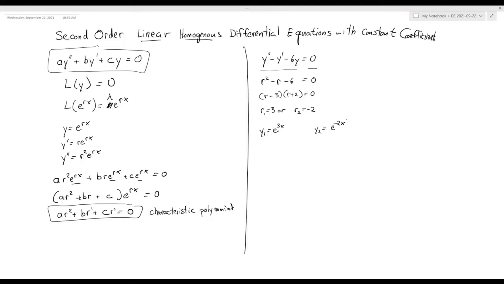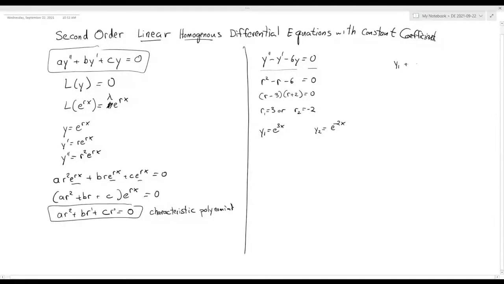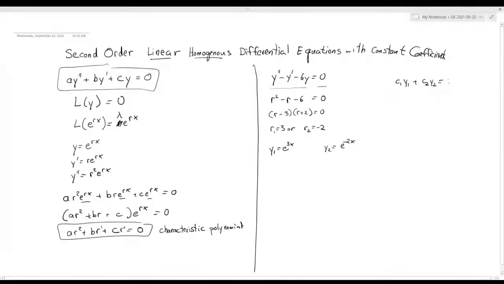That's fine. If you have y1 and y2 and you want to test whether they're linearly independent, you create a linear combination and set it equal to 0.